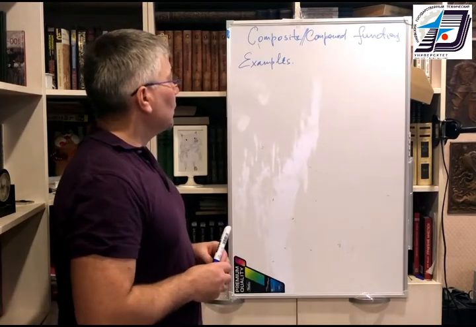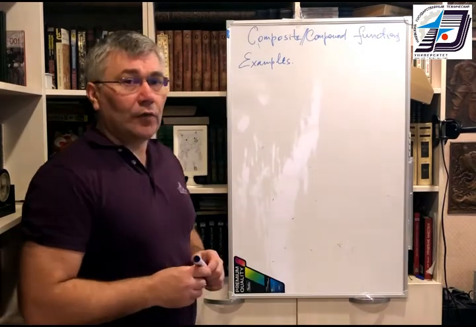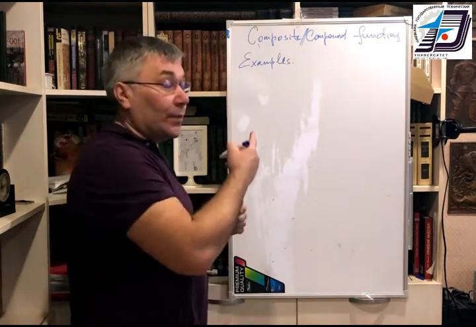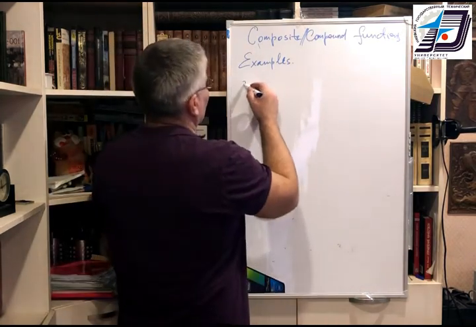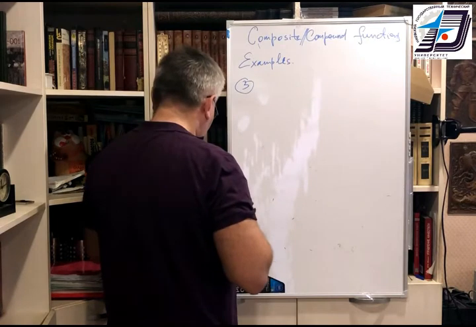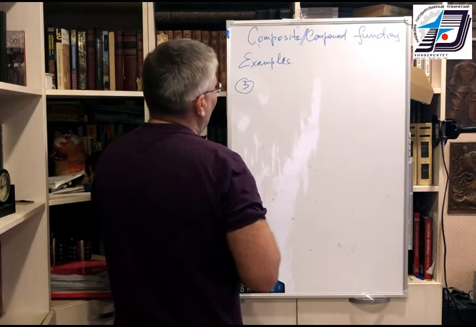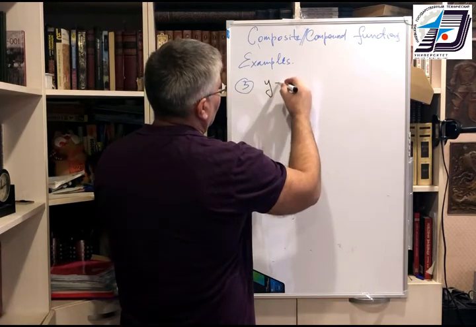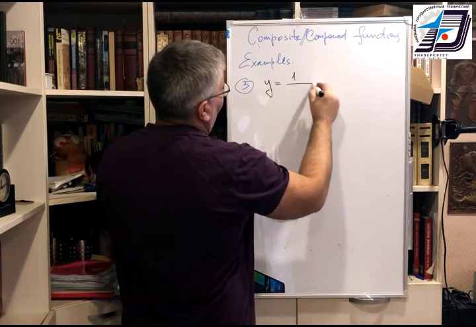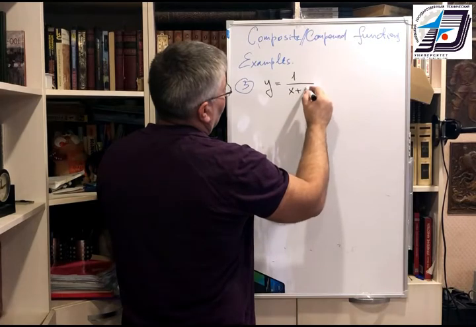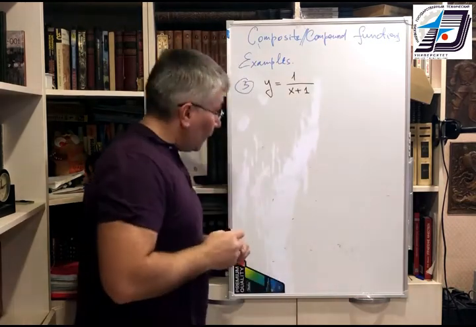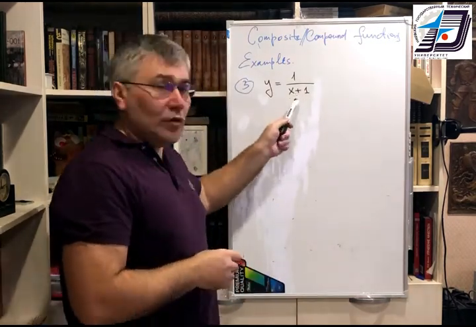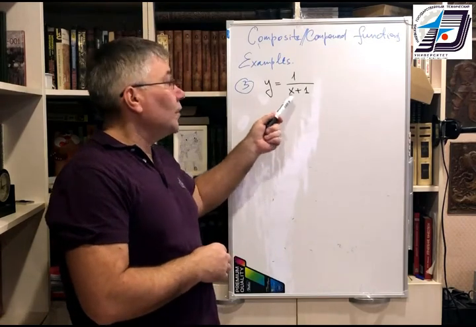Situation dramatically changes if I add something to this function. For example, I want to calculate 1 over x plus 1. At the first glance, we have here a very simple situation.